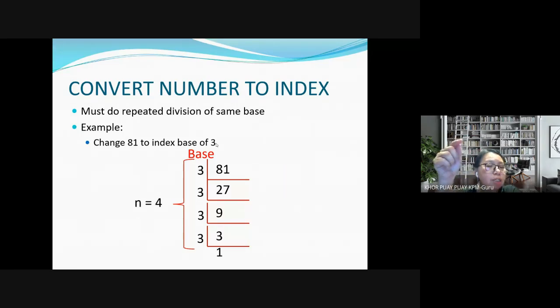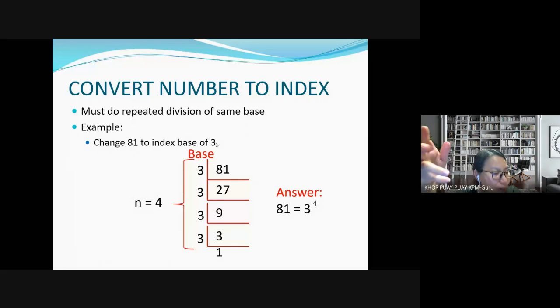So when you write your index notation, you put the base, the number that you repeatedly divide, and the index must be on the right-hand side. So this is how you convert. Sometimes they don't use the word convert or change. They might use the word express. Yeah, express 81 to base of 3, for example. So it's the same meaning. They want you to write down the answer.